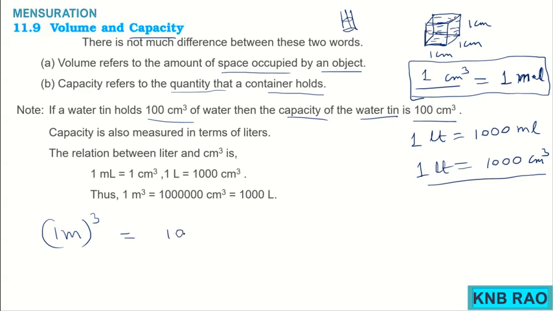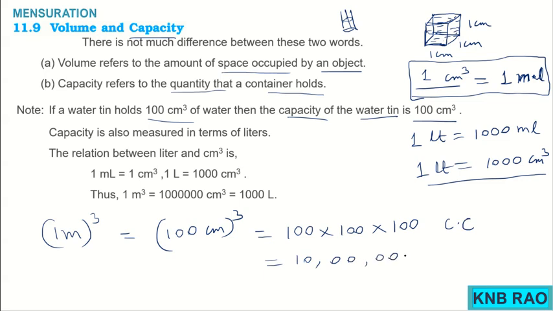That means I have to replace 1 meter with 100 centimeter, so 100 centimeter multiplied by itself 3 times. So 100 into 100 into 100 centimeter cube, centimeter into centimeter into centimeter. So 100 into 100 into 100 is 10 lakh centimeter cube or cubic centimeter, which we call cc.